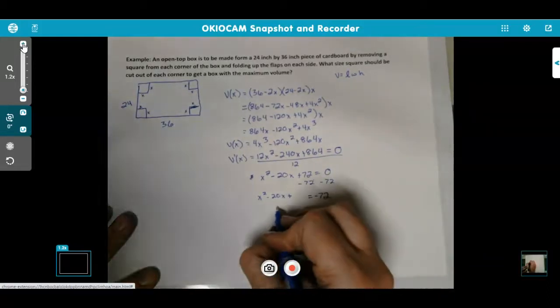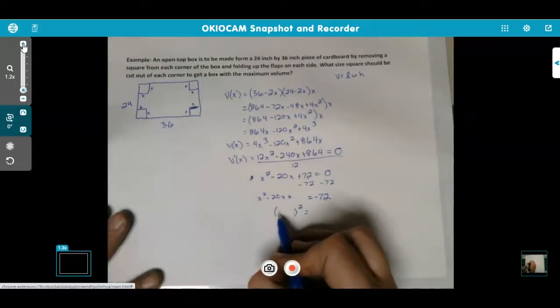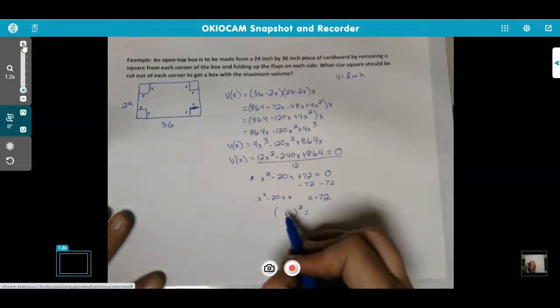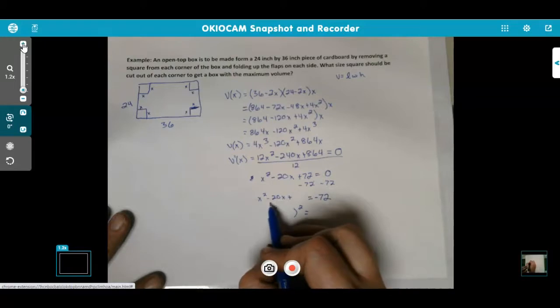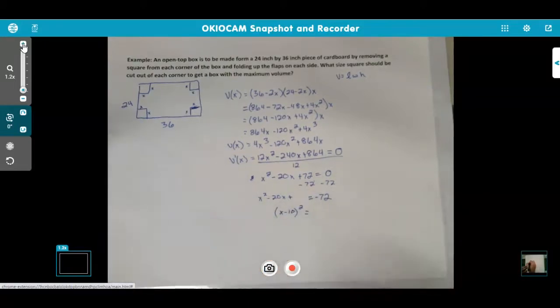To find what's in here, I divide the middle term by 2. So that's going to be x minus 10 squared is what I want.